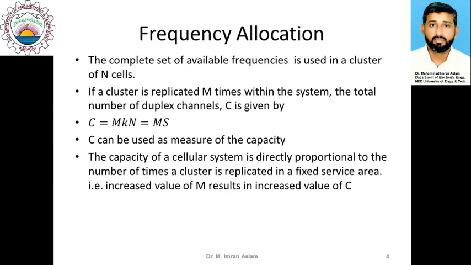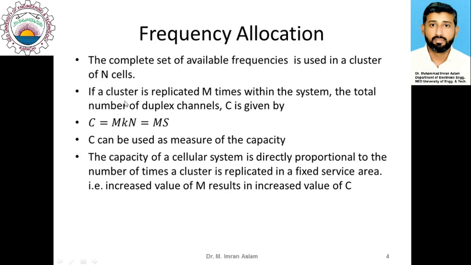So if we want to increase the capacity of the system, we need to increase the number of possible users in that area. As we have already discussed, once we have made a cluster, in order to cover the entire region, we repeat that cluster several times.